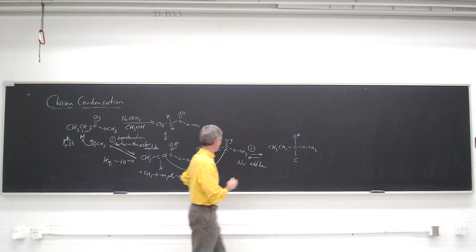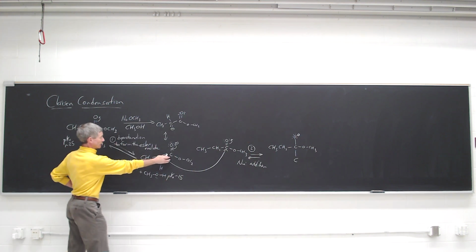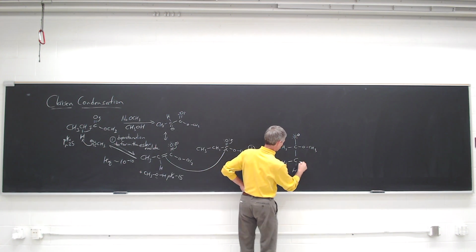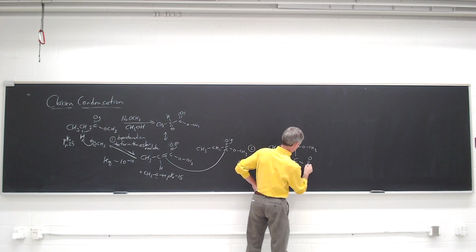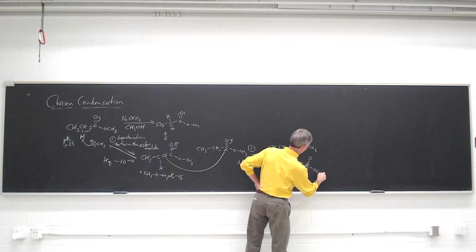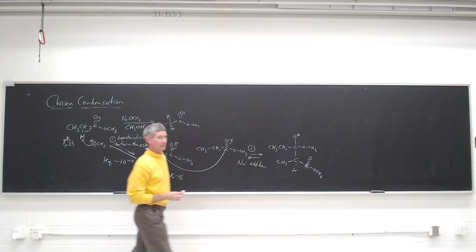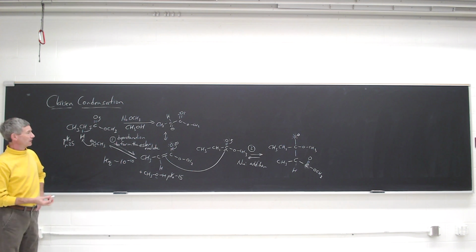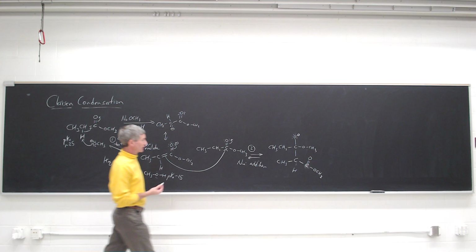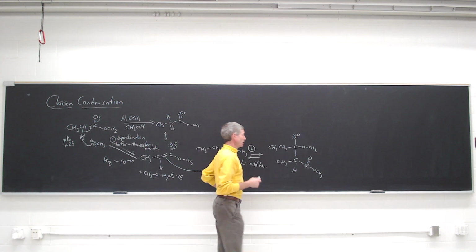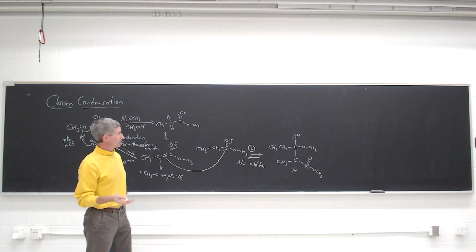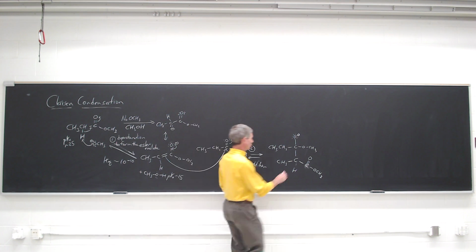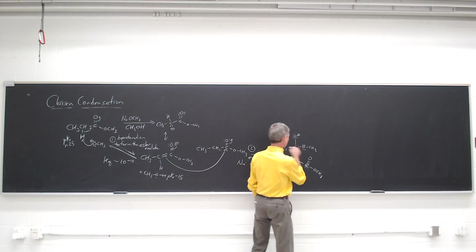But it's in the third step that we're actually going to have a different reaction. So we now have a new carbon-carbon bond, and we have negatively charged intermediates rather than neutral ones because we're in basic solution. If this were the aldol condensation, the next step would have been to protonate this oxygen to generate the beta-hydroxy ketone. But instead of protonating that oxygen to generate the beta-hydroxy ester, in this case we're going to use the fact that we have a leaving group attached to the carbon.